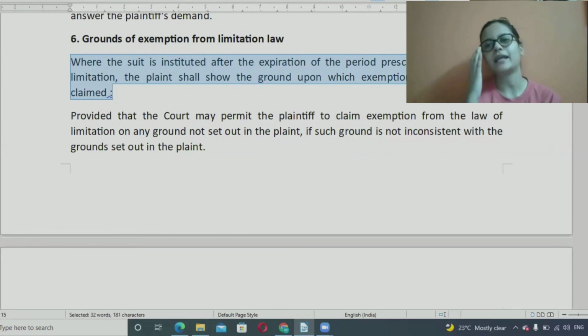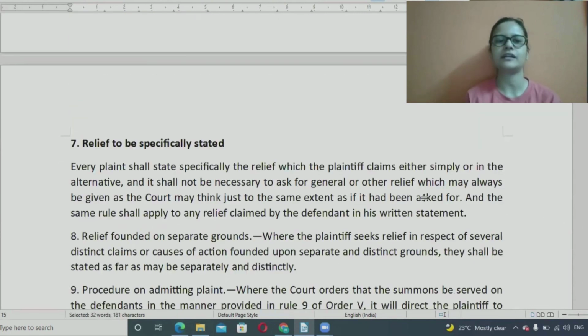Usually people would file for condonation of delay. People would say that this is the reason why it got delayed, and if it's a valid ground, the court would accept it. So the party will mention that because of this reason it got delayed, and it may accordingly be exempted, that even though it got delayed, it is completely fine, we are excusing it.